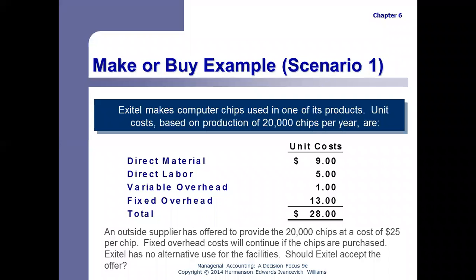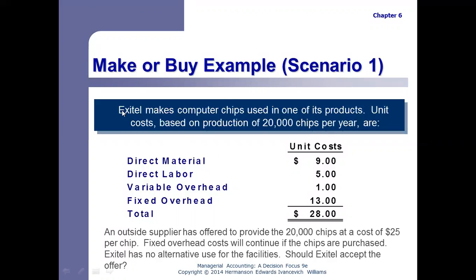This is a case when a company makes parts for its product on its own, but somebody offers to make that particular part for them, and the question becomes: should the company continue to make those parts on their own, or should they just buy the parts from someone else? That's called a make or buy decision.